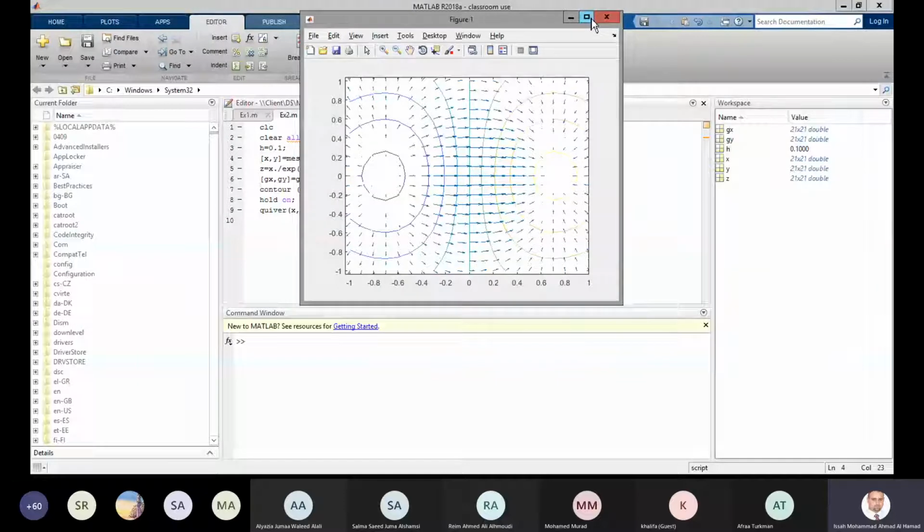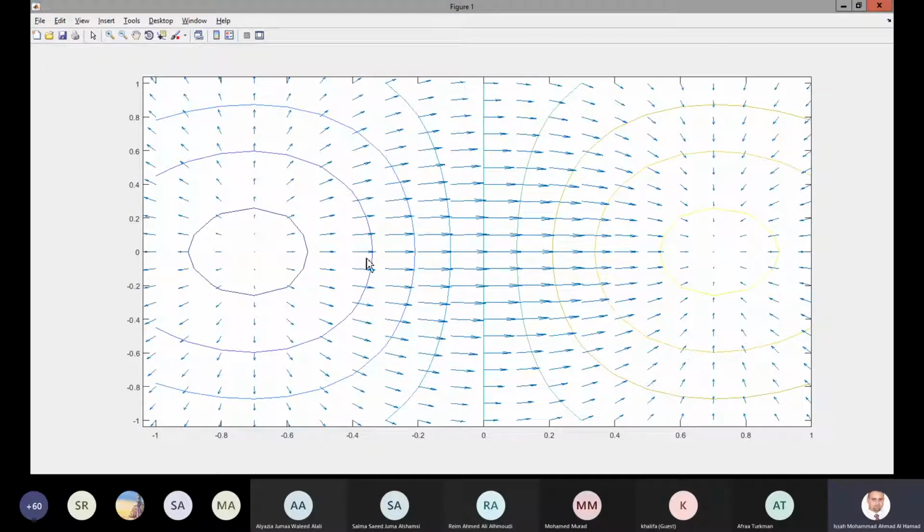Okay, so if you look at this graph, these are the contours, the lines are the contours, and the arrows are the quivers, or the direction that starts from x and y into the direction of u and v, which are gx and gy.